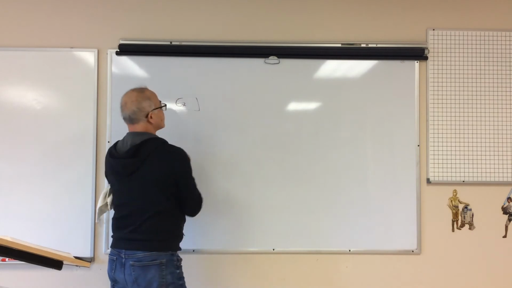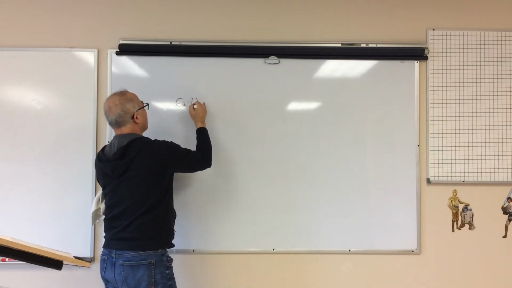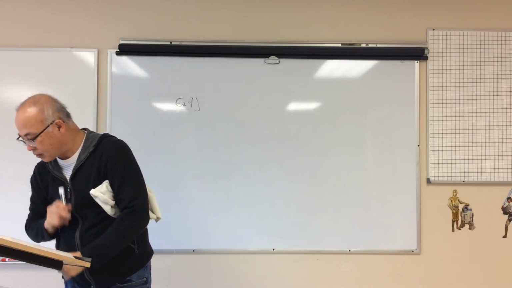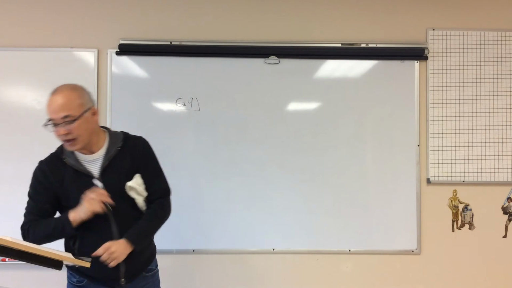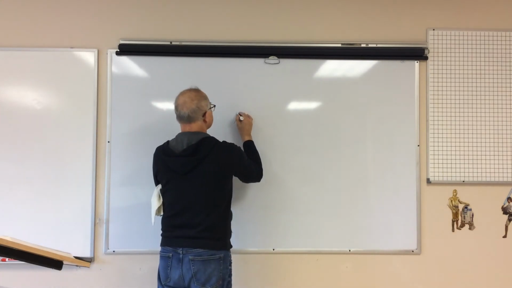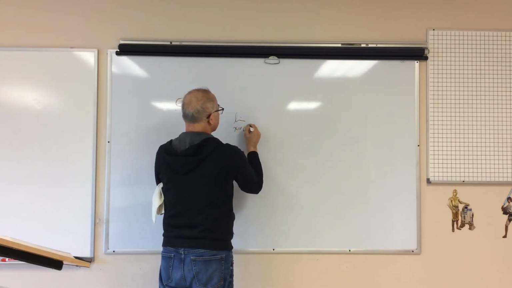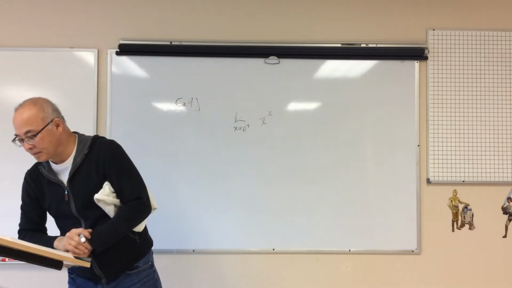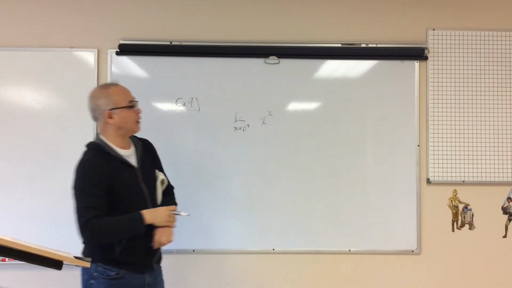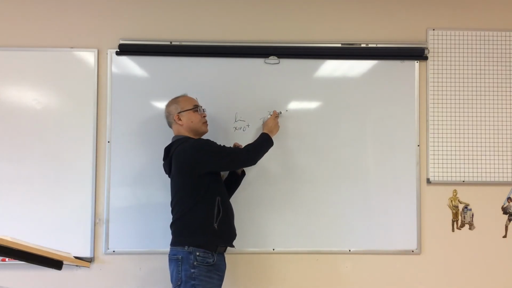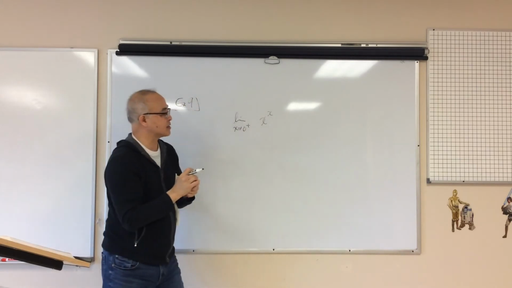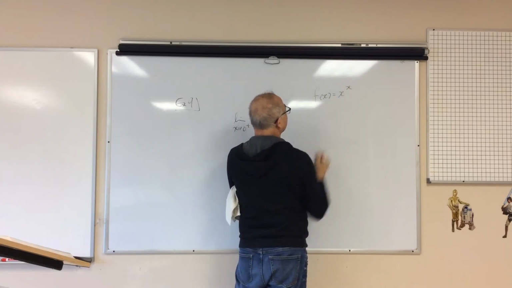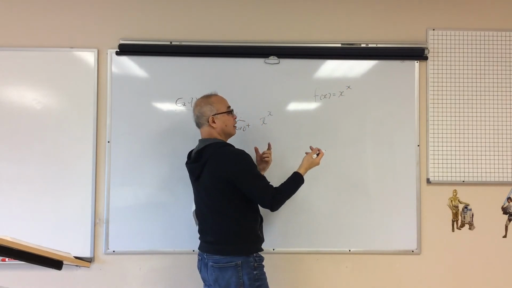Okay, example number 9. We have to determine the limit as x approaches 0 from the positive side of that guy. Again, x is in the exponent, and the exponent includes an x, so I'm going to say this is f of x, and I'm not going to find directly the limit of f of x.